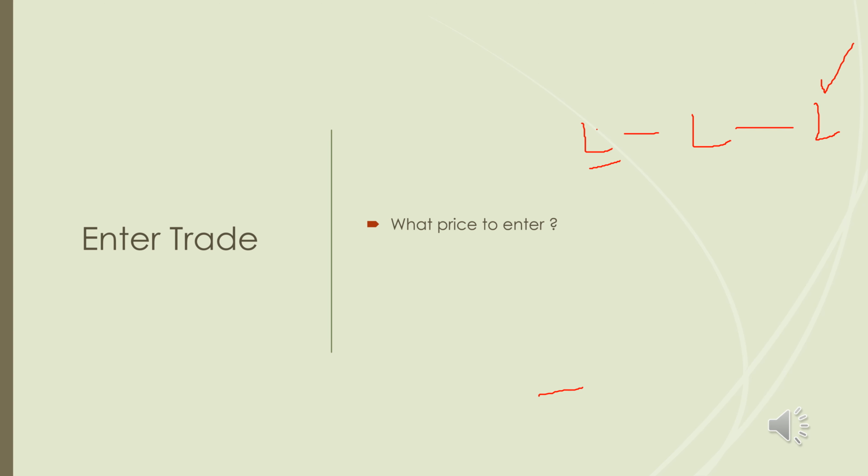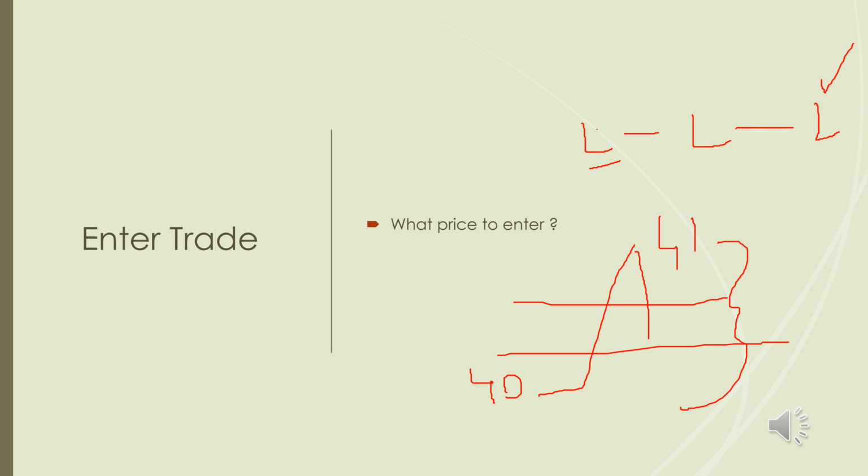Another thing: if it's long and after the report the price surges considerably, wait till the price comes down to the untraded prices. Untraded prices means, if the price jumps from 40 to say 41, all the prices between 40 and 41 are known as untraded prices. The market usually comes down to trade those prices.